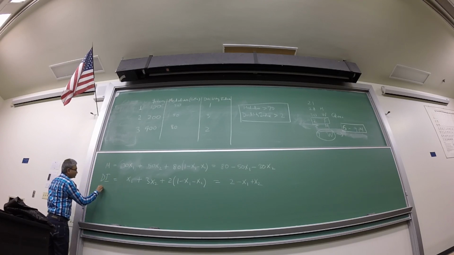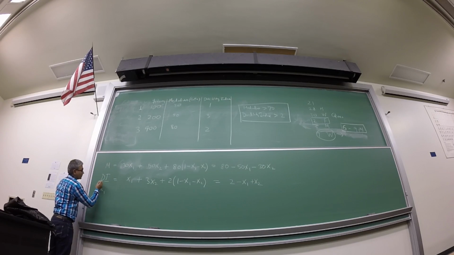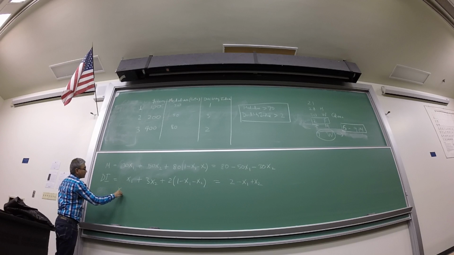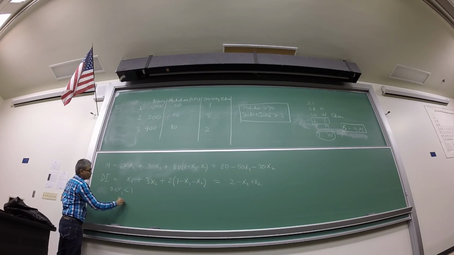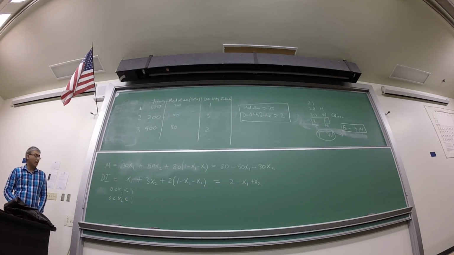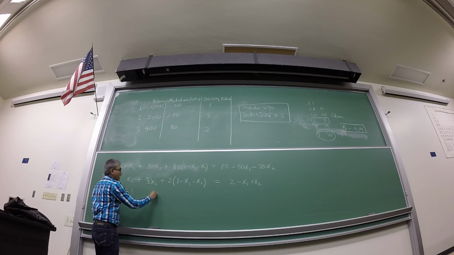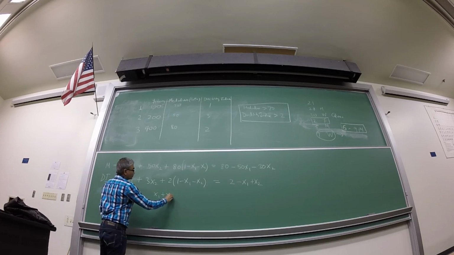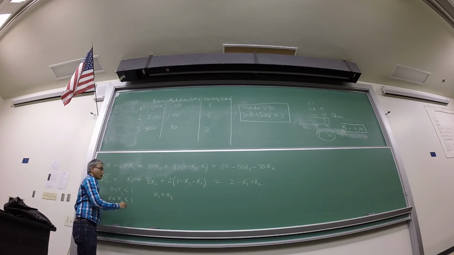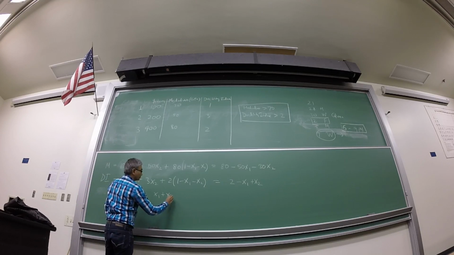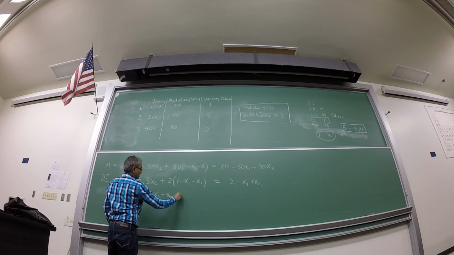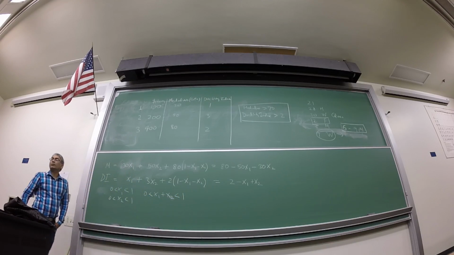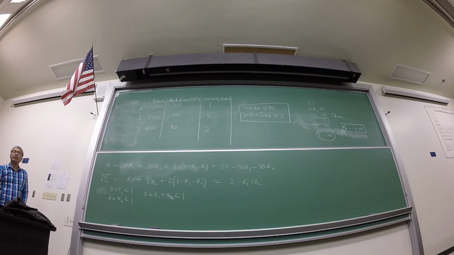Now we also have constraints on x1, right? x1 must be greater than 0, less than 1. x2 must be greater than 0, less than 1, right? And also, x1 plus x2 should also be greater than 0. Right? Make sense? Yeah.